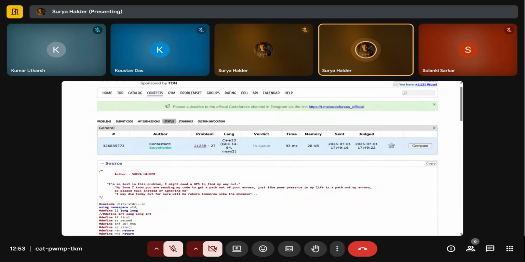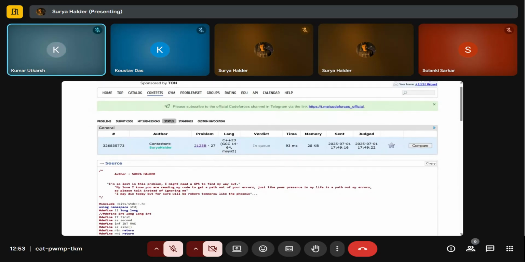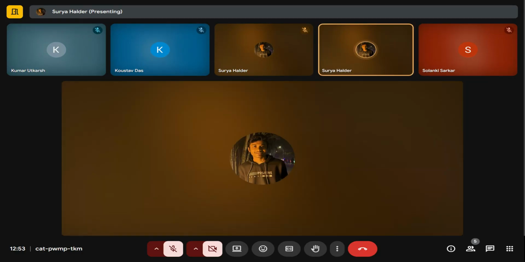Which editor do you use while coding? VS Code. For VS Code, have you made the setup for CP, or do you just type your code, then copy the code and paste it like that? No, it's regular. I just upload the file after saving. Is your VS Code something like this?